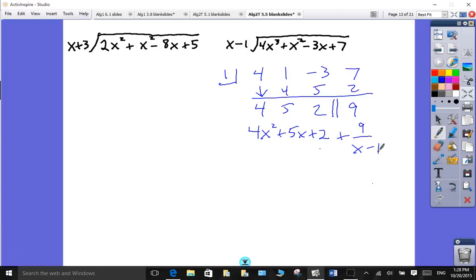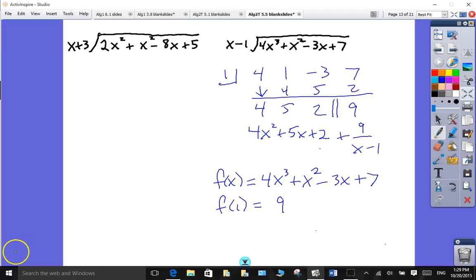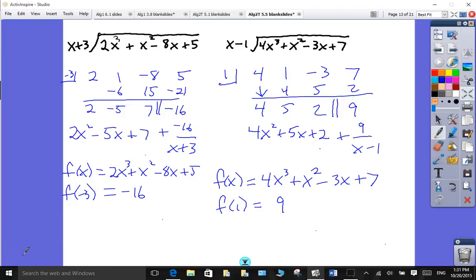So try to do the one on the left. Did you get that? 2x squared minus 5x plus 7.